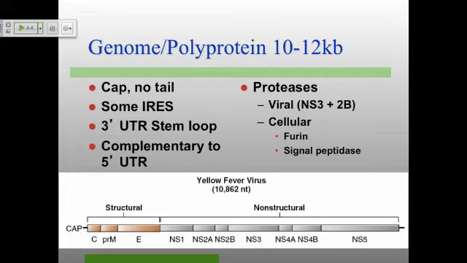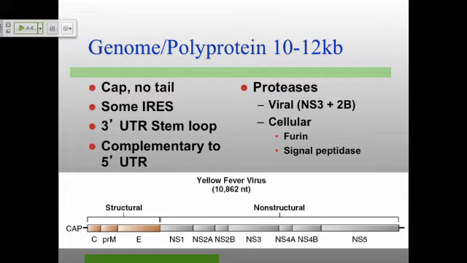Also, this sequence is complementary to this sequence over here. So you have a loop that forms in your RNA, which again is very often what you see with cellular messenger RNAs, poly-binding proteins associating with the cap. So that's what this structure looks like.